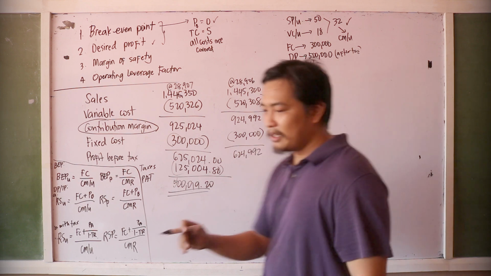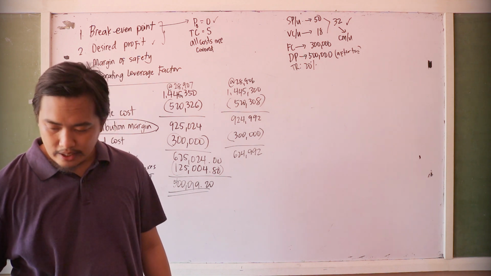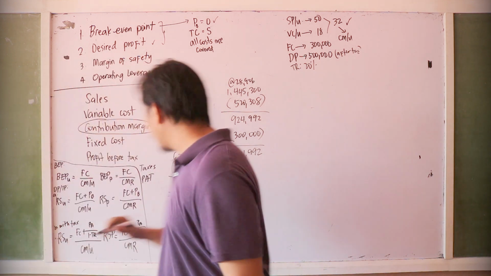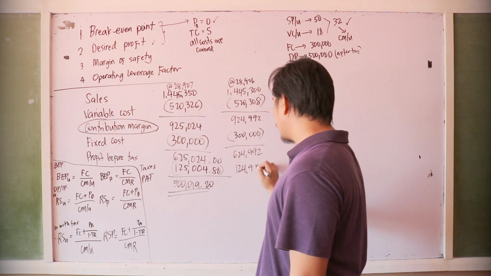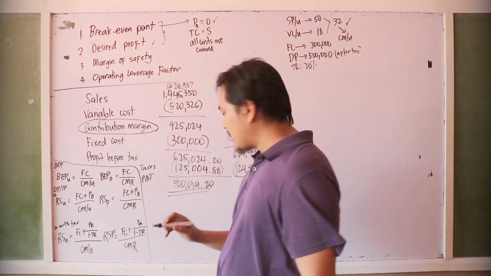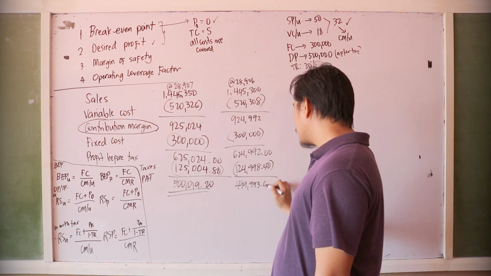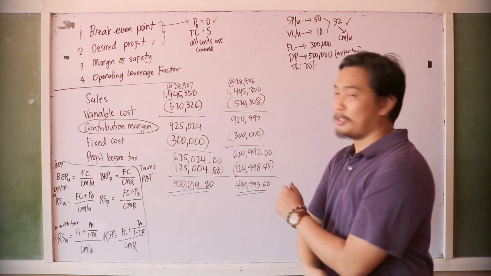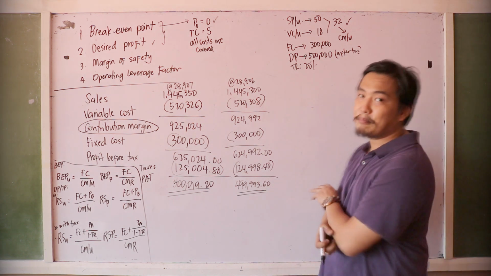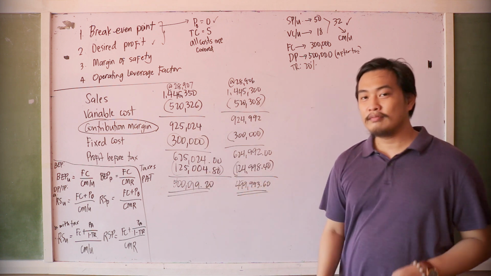Multiply natin by 20%, 624,992 times 0.2, 124,998.40. Subtract natin, makukuha natin 499,993.60. Di natin abot. So kapag gano'n na partial yung answer natin, always round up para maabot natin yung required sales natin.